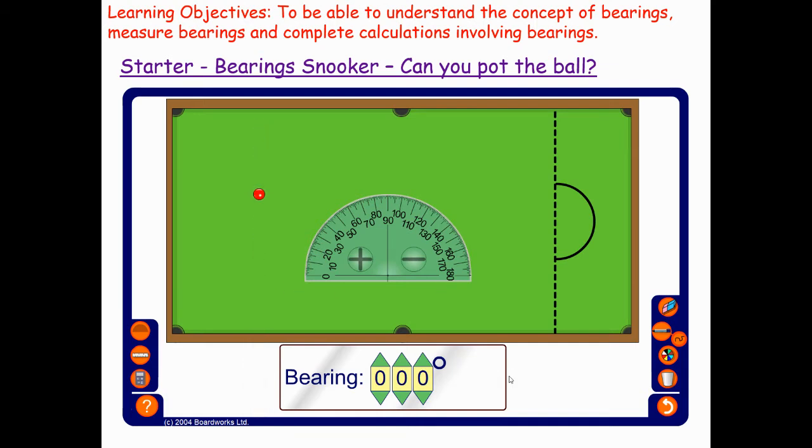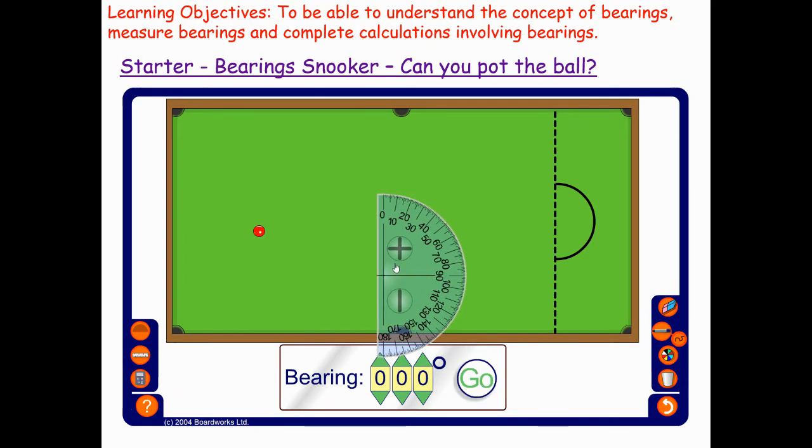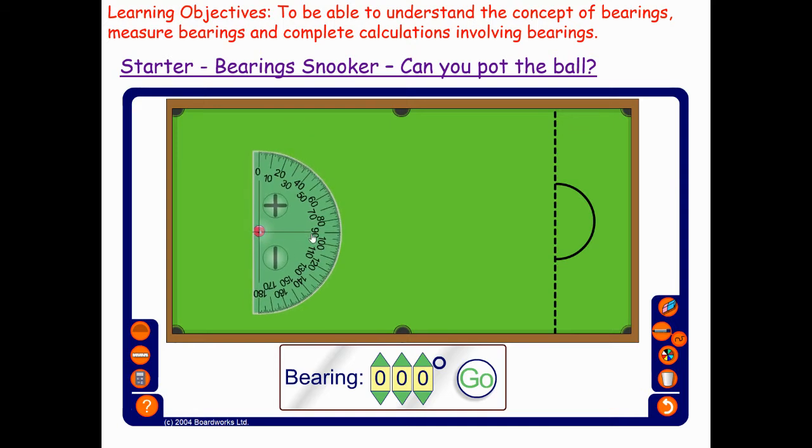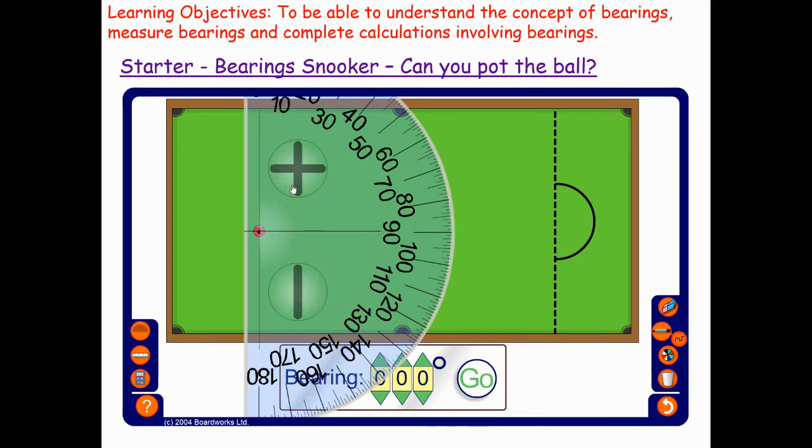Okay, so 0 is going straight up, which means if I get my protractor and I rotate it so that 0 is straight up, now this protractor should be in the same sort of positions as bearings. So if I now, let's make it bigger so I can see what's what.